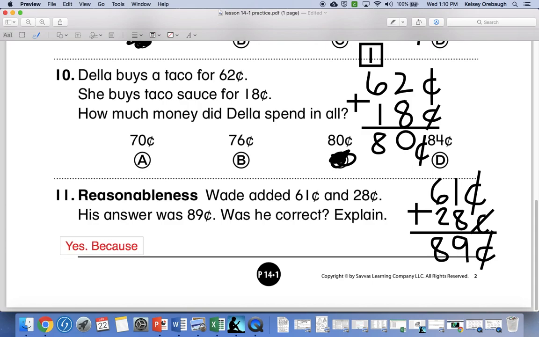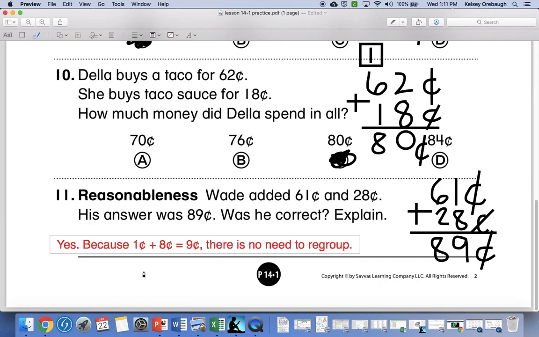Because 1 cent plus 8 cents equals 9 cents. There is no need to regroup.